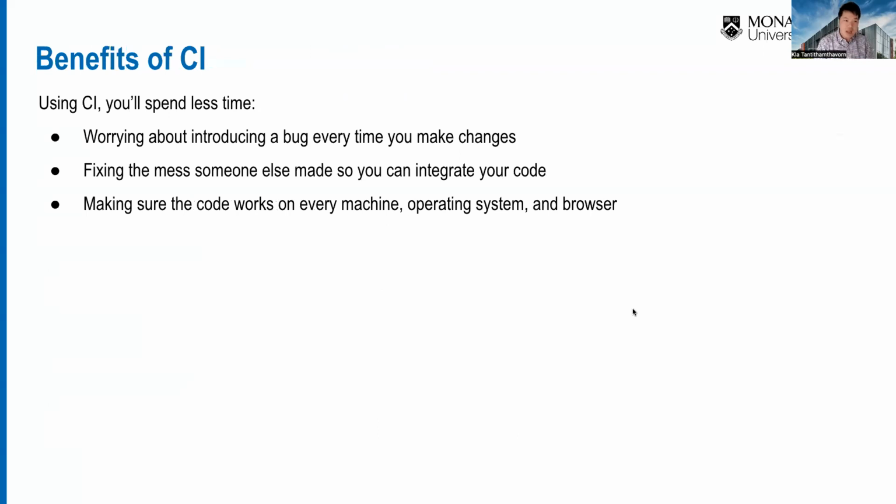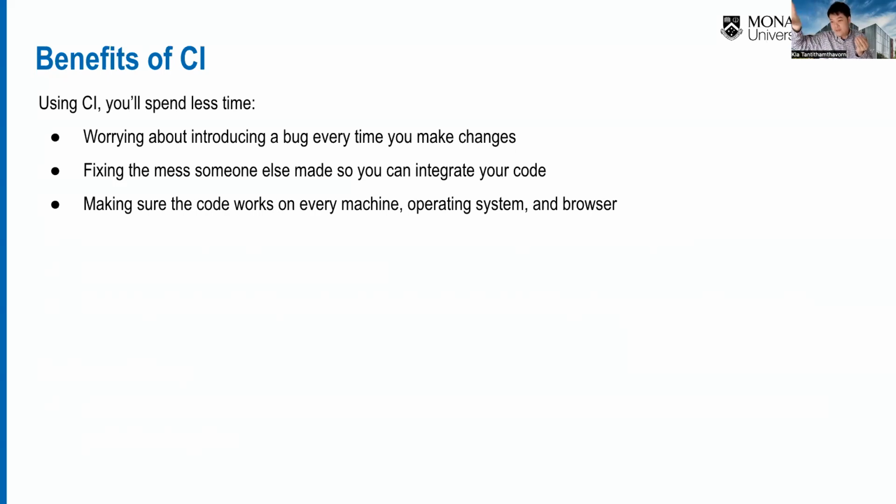Okay. And the benefit of the CI is that you don't need to worry about introducing bugs every time. When we write a unit function, it can break the other parts of the software as well, right? So the CI does the integration testing, runs everything properly, and then it will discover whether the code that we write breaks the other parts or not.